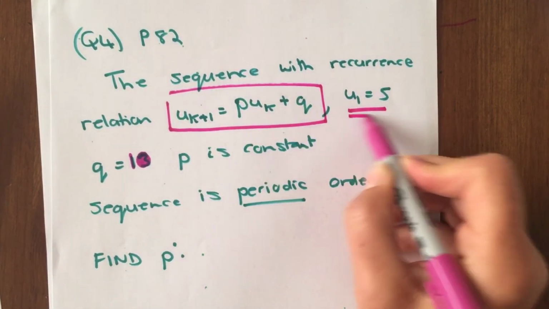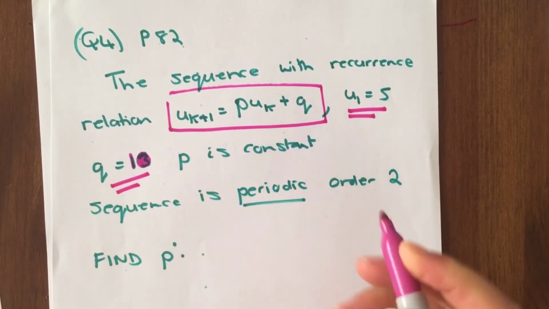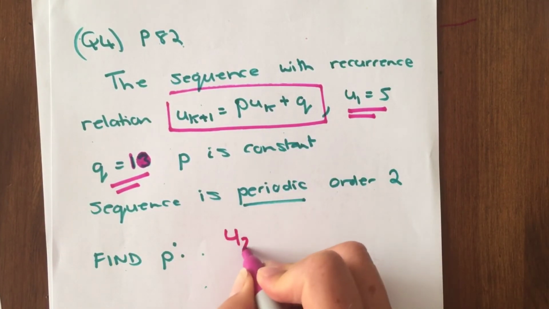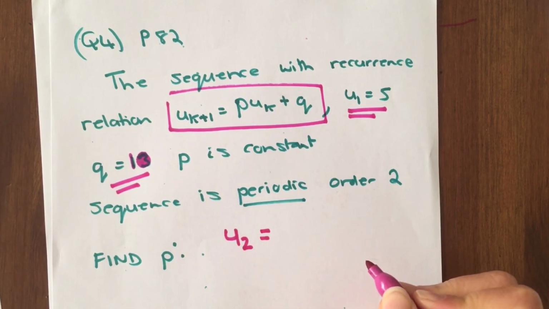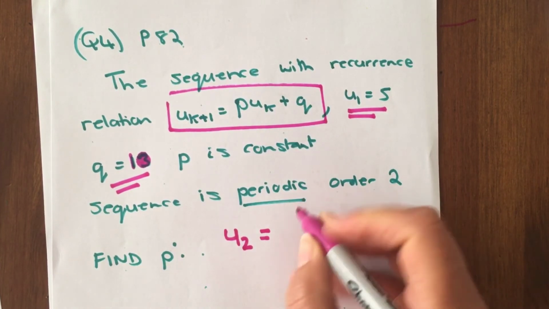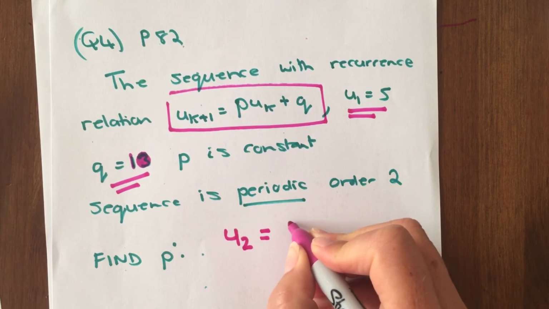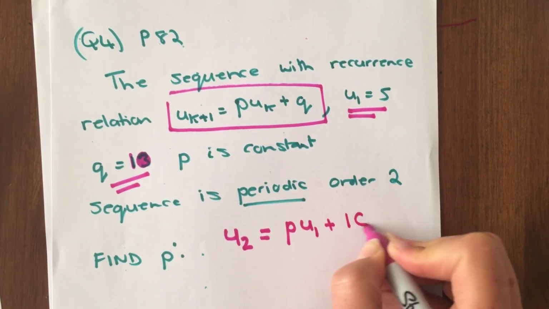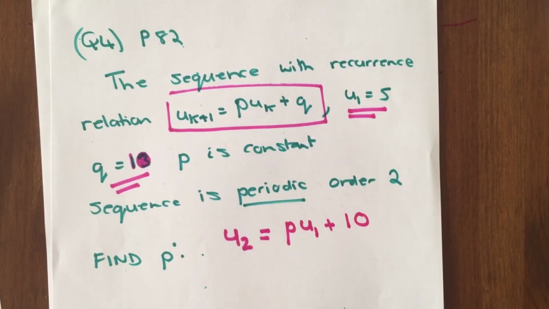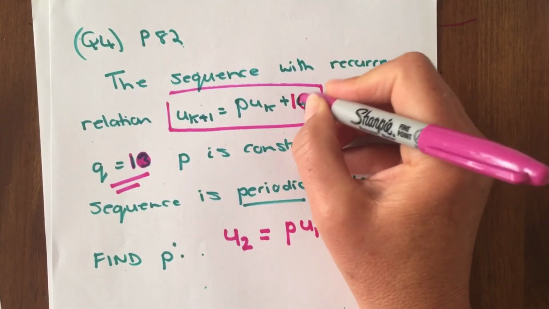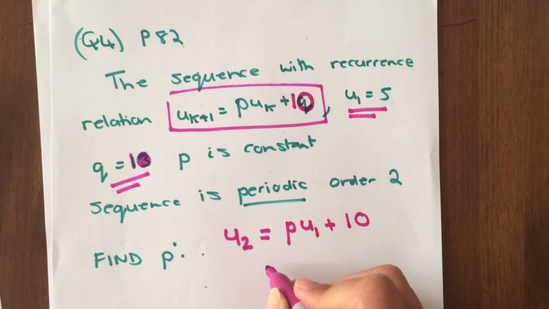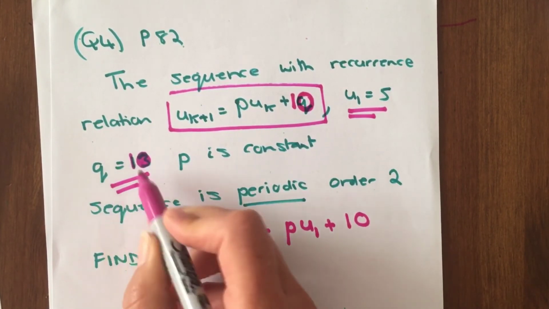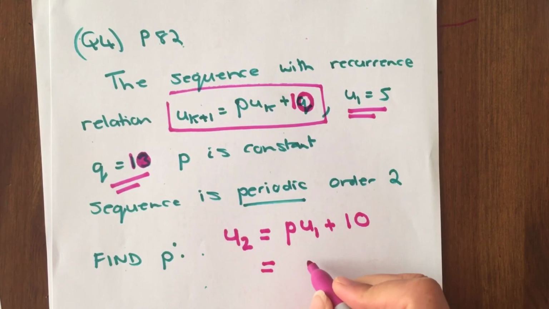You're told U1 and you're told Q is 10. So if I look at U2, U2 will be P lots of U1 plus 10 because Q is 10. To be honest, I don't know why they don't just put plus 10 there. That doesn't change. Remember, that was a mistake in the book. It's 10, not 13.